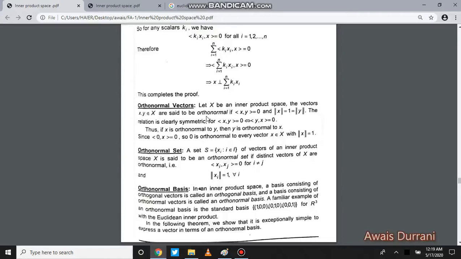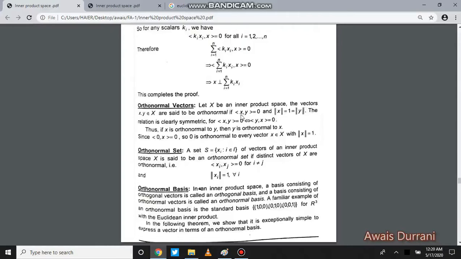So the definition can be summarized as: two vectors x and y are said to be orthonormal if their inner product is 0 and the norm of each individual vector is equal to 1. Now you can see that if the inner product of x, y is equal to 0 and norm of x is equal to 1 is equal to norm of y, then the same will be the case in the reverse order.